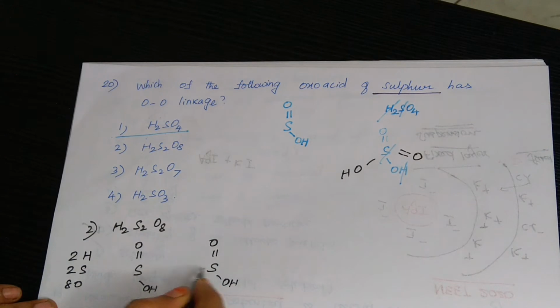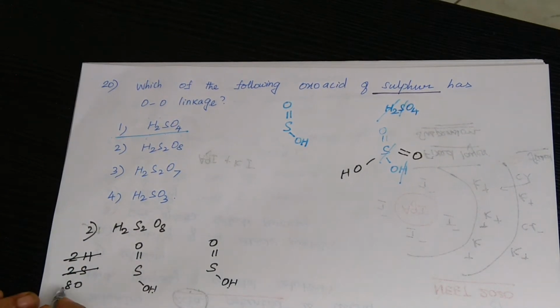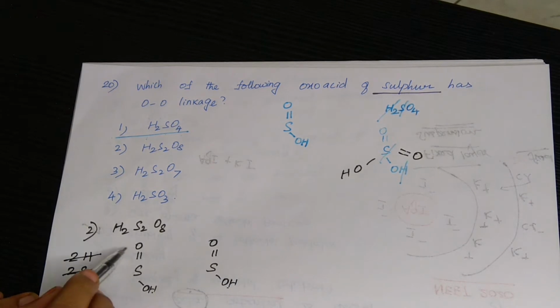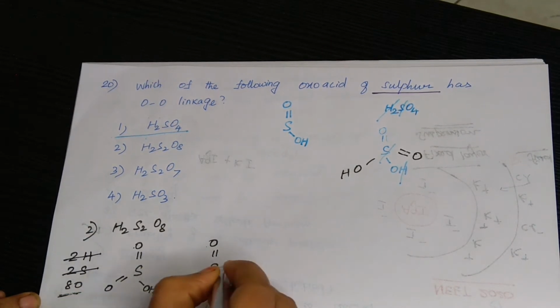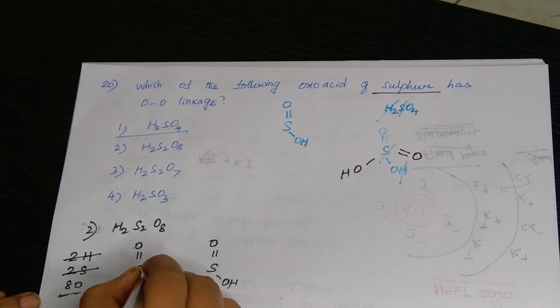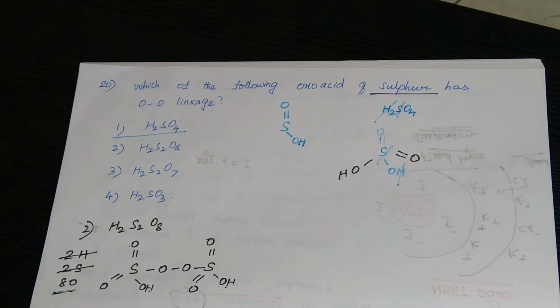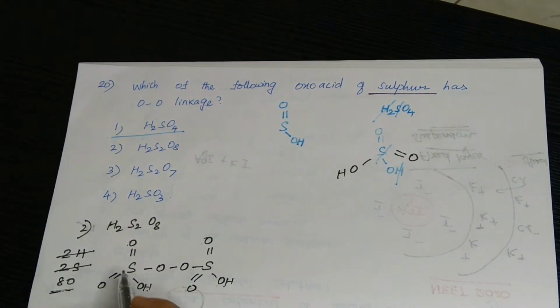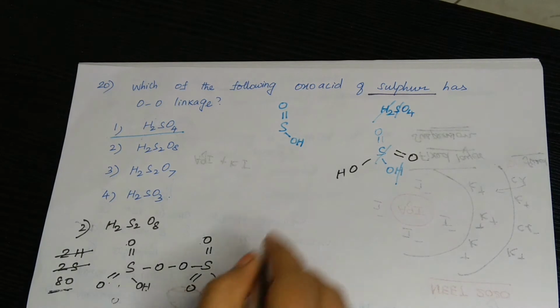You have 8 oxygen: 1, 2, 3, 4, 5, 6, 7, 8. This will be the structure for H2S2O8. There should be only a maximum of 2 double bonds to O, not 3 double bonds.